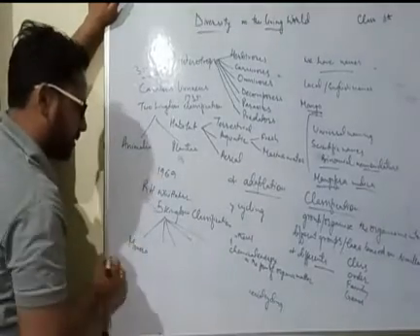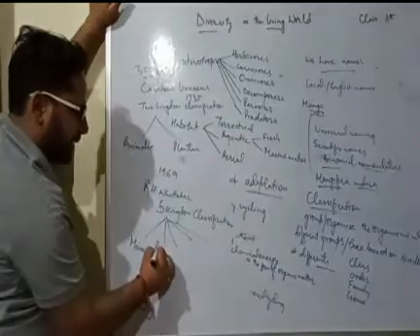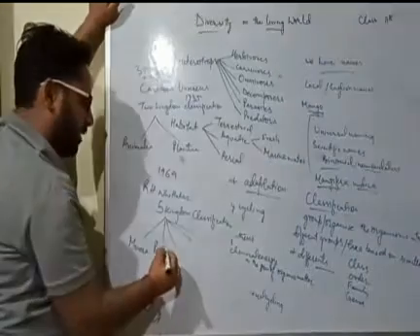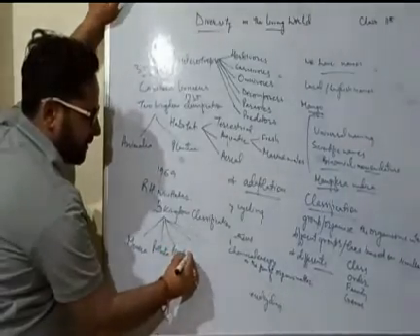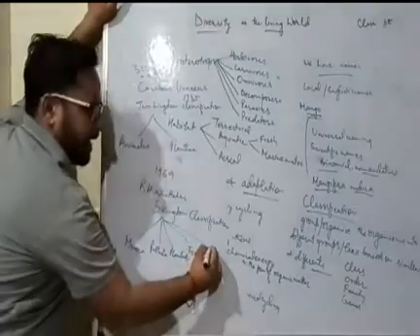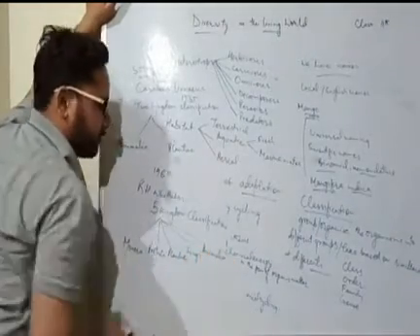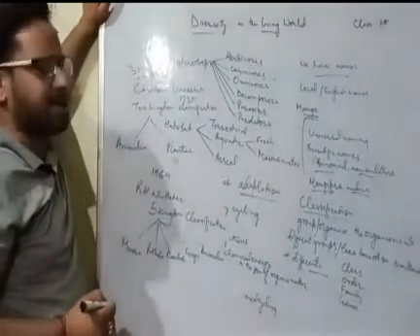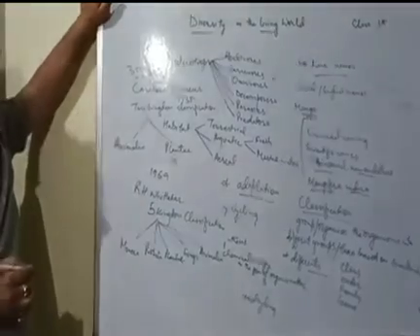First was Monera, which was the simplest one, then Protista, a bit more complex than Monera, and then the more complex Plantae, then fungi, and at last Animalia, the most complex one. So this was the diversity of the living world, a bit of introduction to the whole universe.